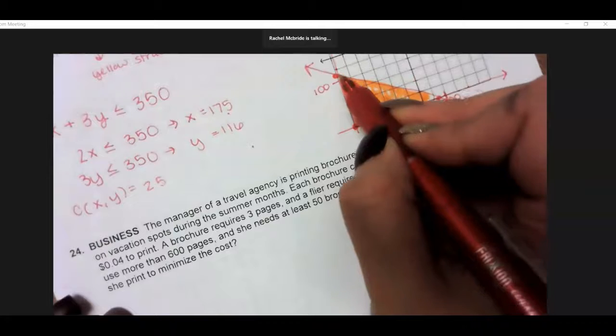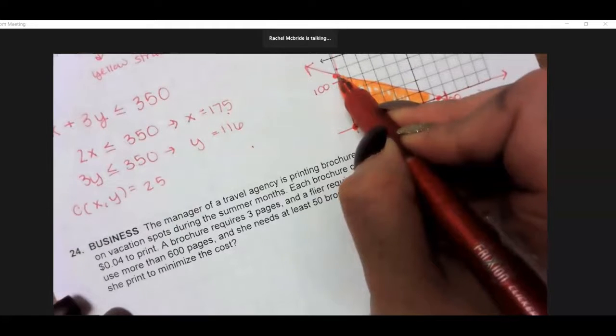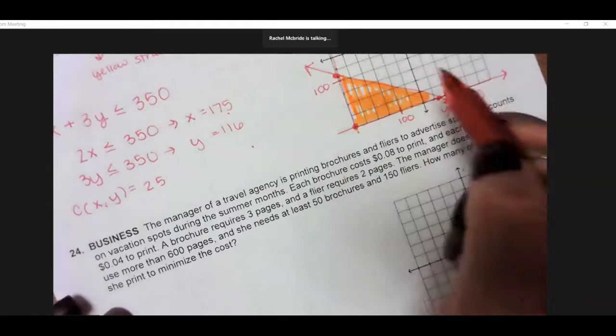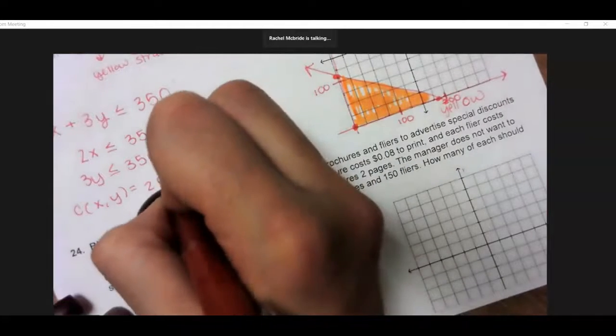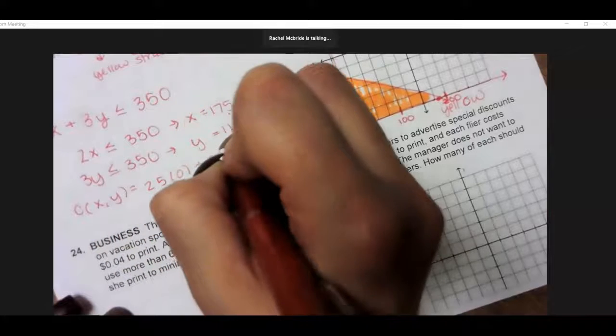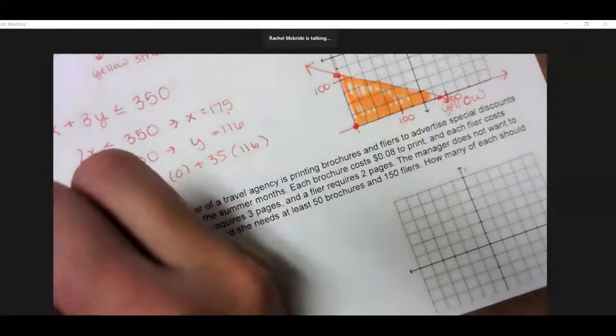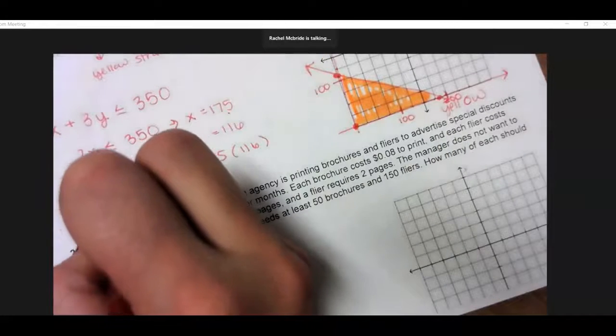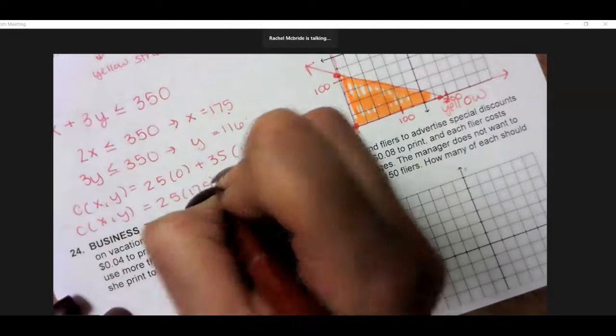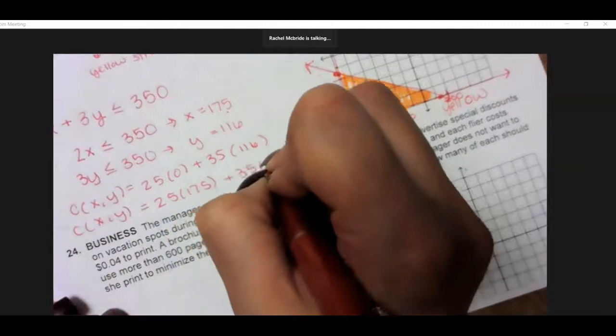So this vertex here would be making 116 and no yellow. And then the vertex down below would be making 175 yellow and no strawberry.